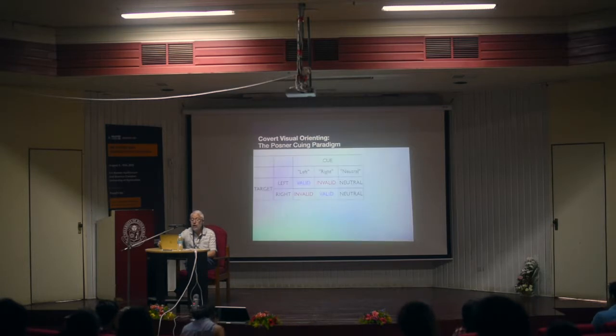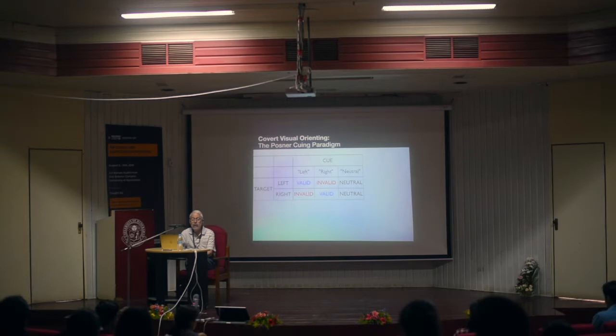This is just a terminology slide. Whether we're looking at purely endogenous or purely exogenous orienting, the terminology that people tend to use, I think Posner launched this, is when the location of the peripheral cue or indicated by the central cue and the target match, so left, left, or right, right, we refer to those conditions as valid.